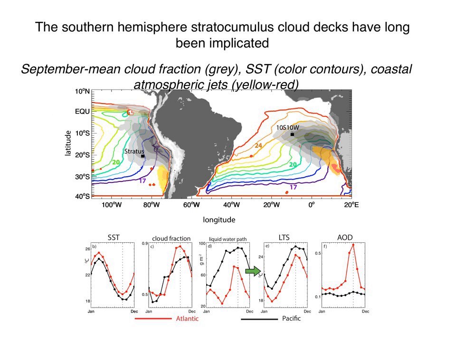This is just to orient you to the cloud climatology and SST climatology for the two basins. The lower plot shows the annual cycle in the SST, cloud fraction, liquid water path, lower tropospheric stability, and aerosol optical depth for the Atlantic and Pacific regions over the main stratocumulus regions.